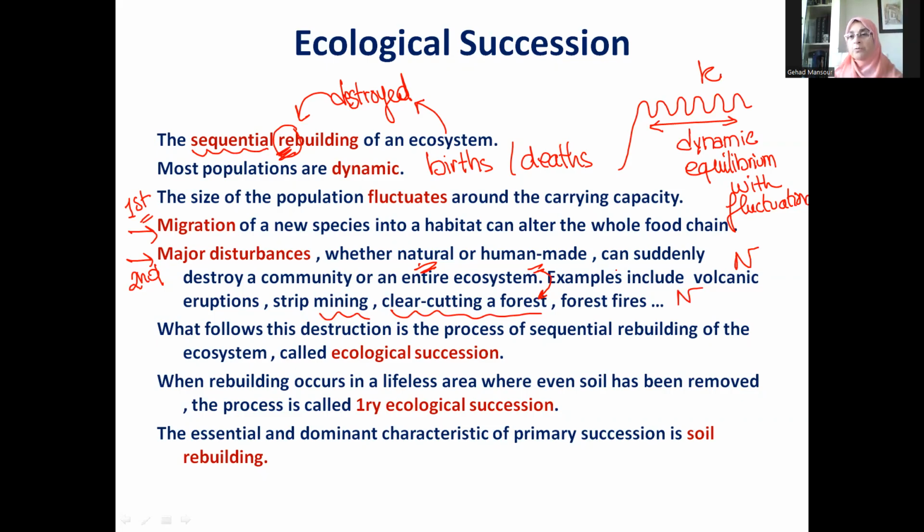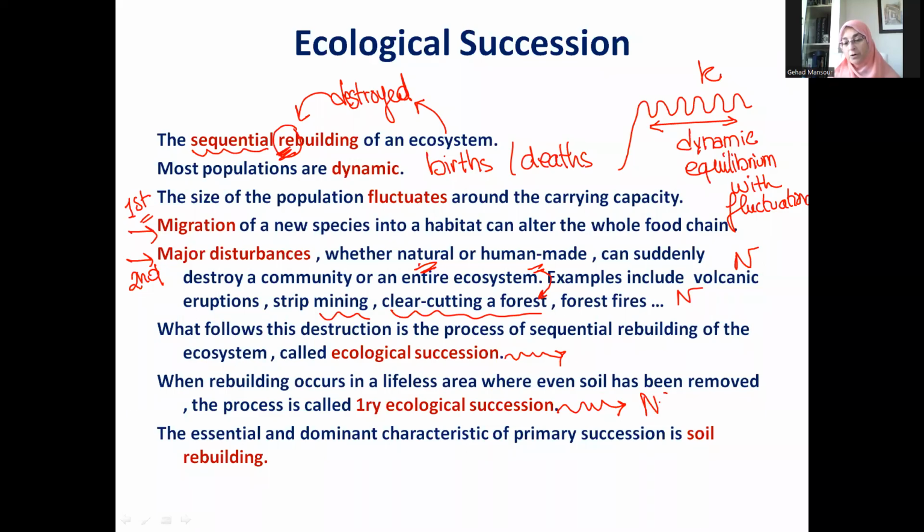and even without human interference, there would be sequential rebuilding of that ecosystem, and this is what we call ecological succession. When we rebuild an ecosystem that does not even possess a soil, where everything has been destroyed, even the soil, and we are trying to rebuild it, or it is trying to rebuild itself on its own, then it is called primary ecological succession.